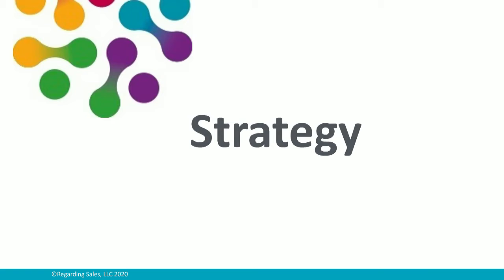So let's talk a little bit about strategy. Strategy is this interesting word, and we seem to have a lot of different meanings for it, but in truth, it's really pretty simple. A strategy is a plan to get from where you are now to where you want to be. It's really that simple. You need a strategy for your business.